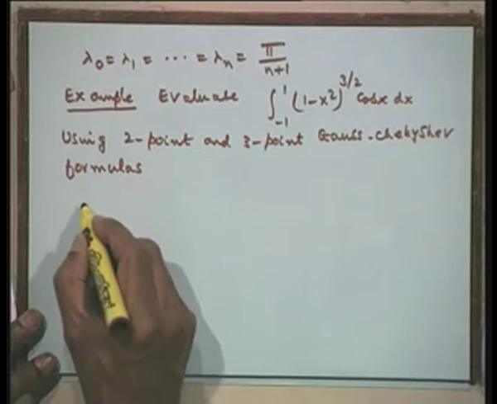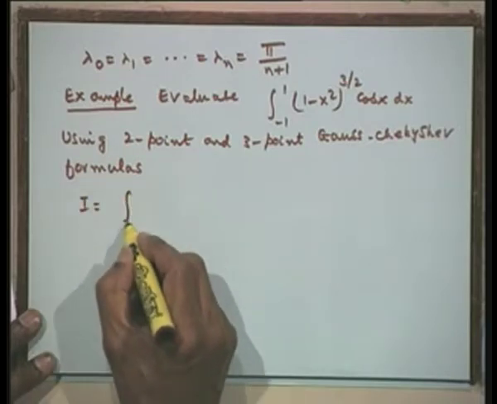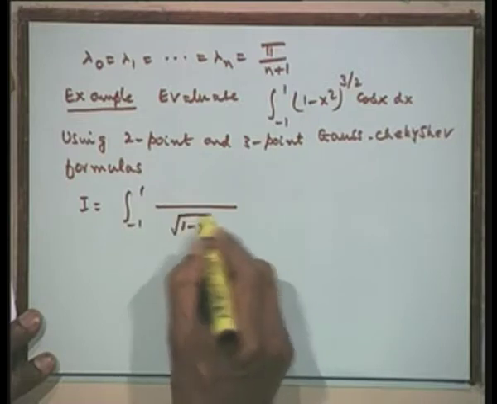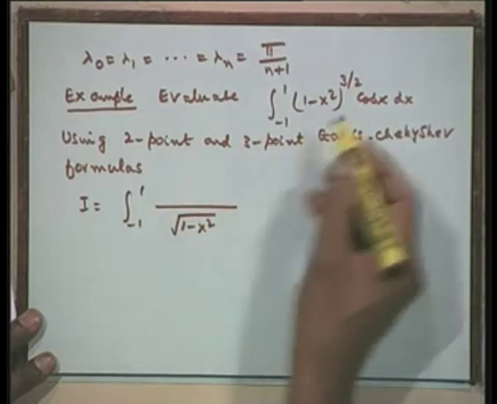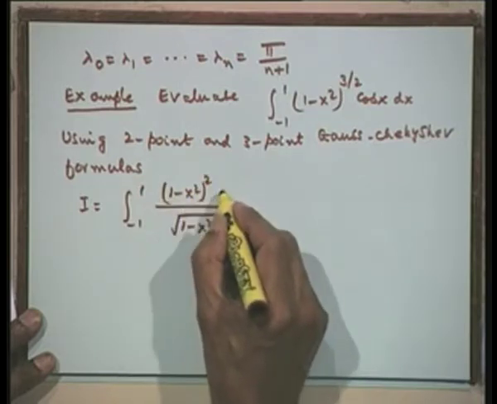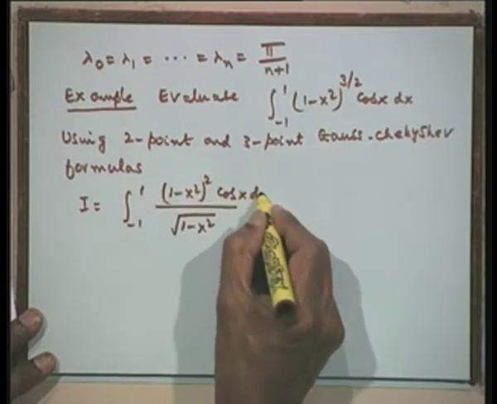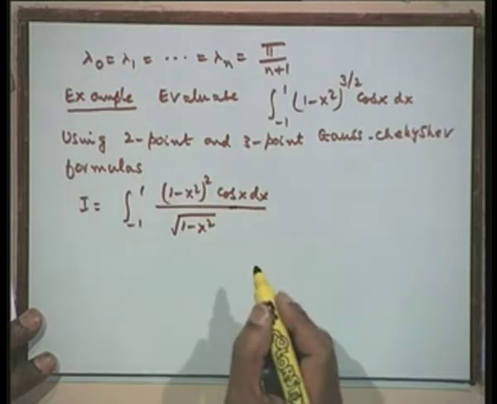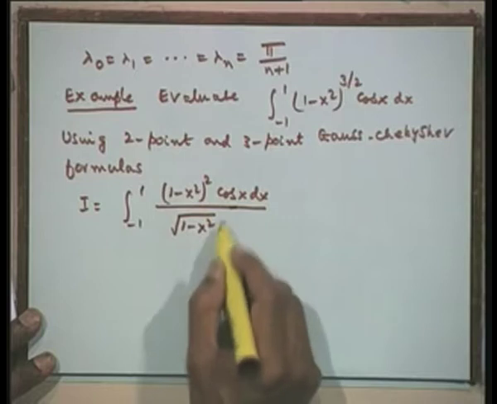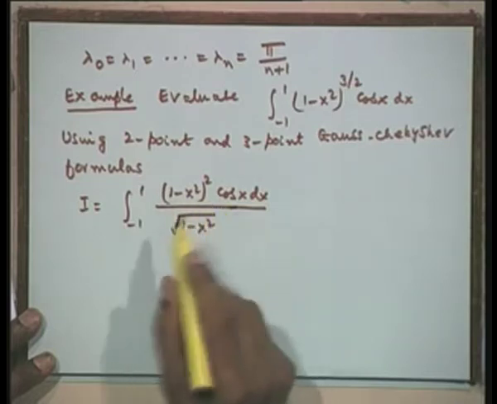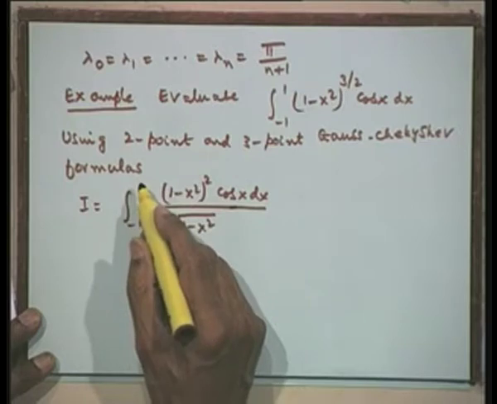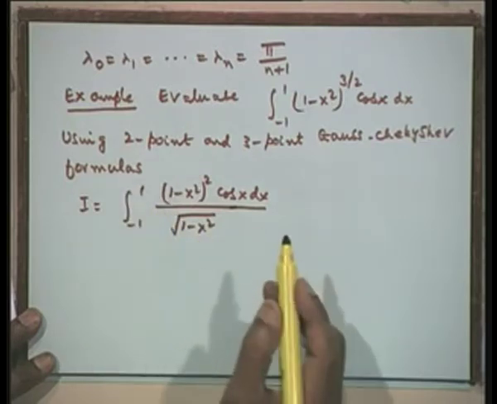So we divide by under root 1 minus x square and multiply by under root 1 minus x square. We shall first write this as the integral from minus 1 to 1, dividing by under root of 1 minus x square, which is the weight function I need. So I multiply by this, and I would have the numerator (1 minus x square) whole square cos x dx. So I have now provided the weight function in the formula so that we can apply the Gauss-Chebyshev rule, and the limits of integration are minus 1 to 1. So we can apply the formula directly.